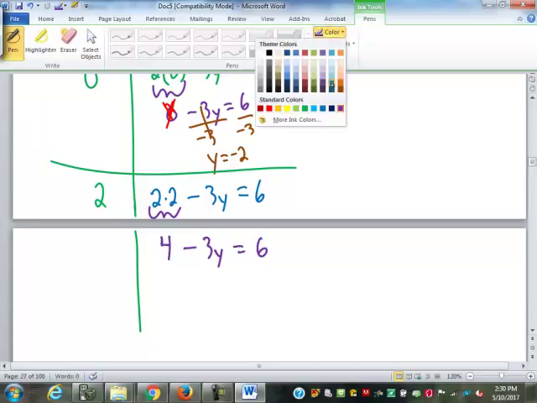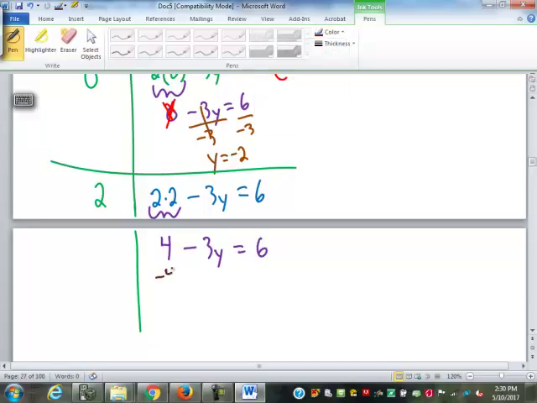What's next? Subtract 4. So -3y equals 2. And then divide by -3. So y equals -2/3. So that gives us here that x is 2, y is -2/3.